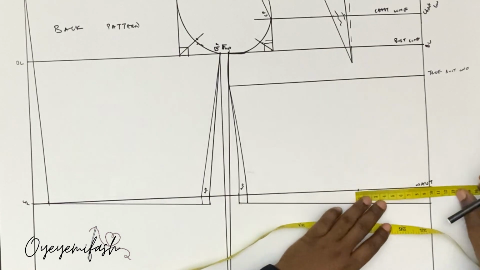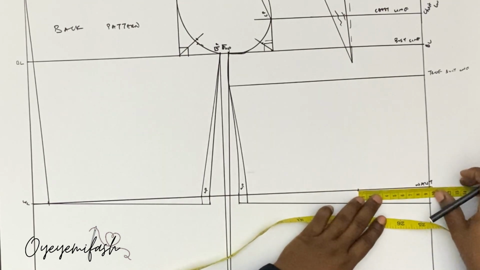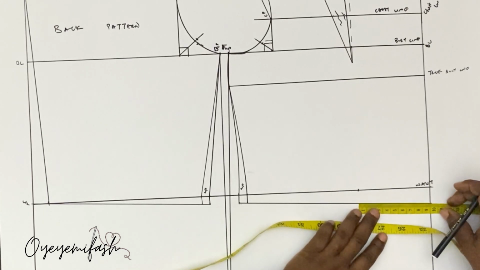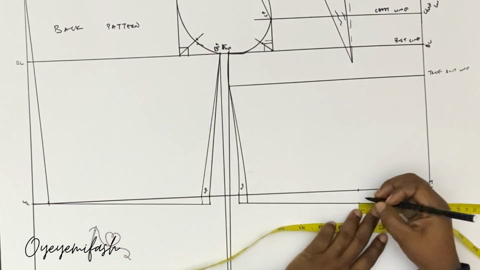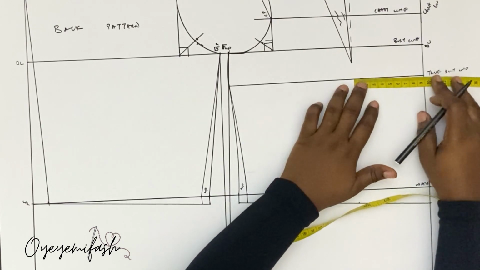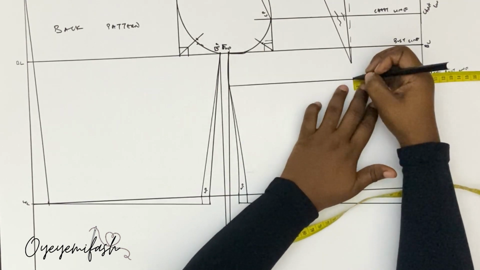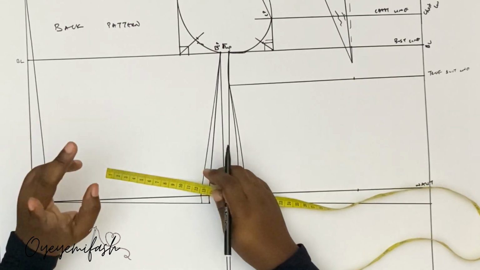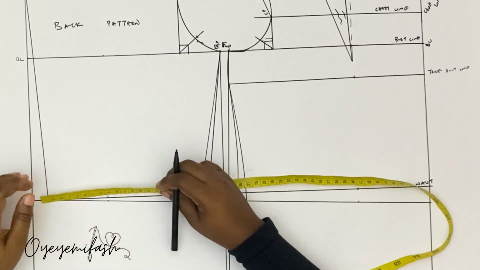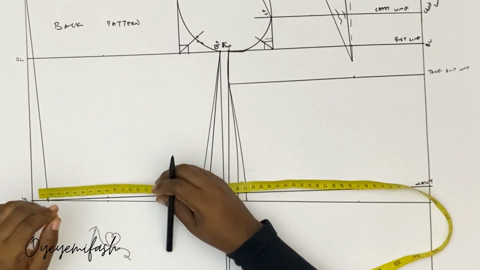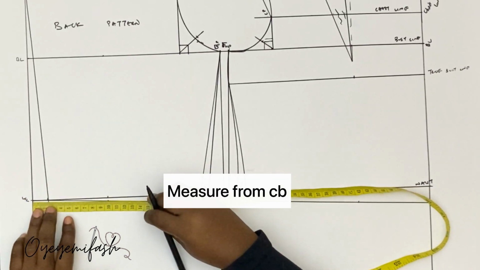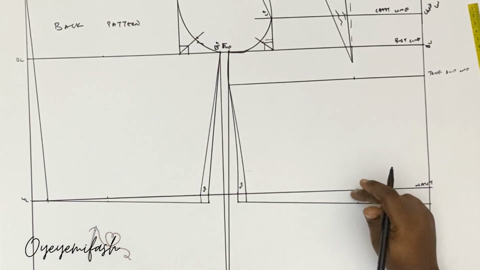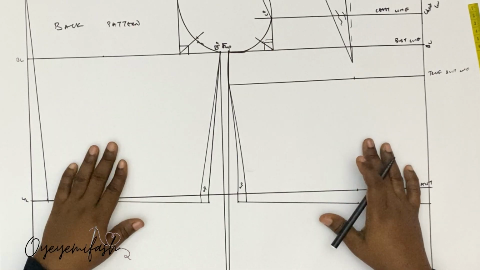So I'm using half of the nipple to nipple measurement, so I'll measure that from center front on the lower waistline, and then do the same for the true bust line. While for the back pattern, it's going to be quarter of our across back measurement. So we'll take quarter of our across back measurement and mark that on the lower waistline and the bust line. So we now have our dart position on the front pattern and the back pattern.